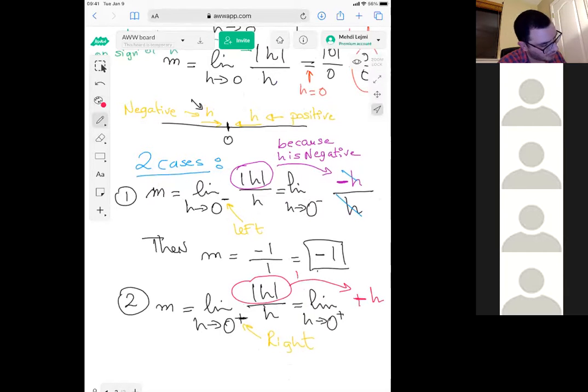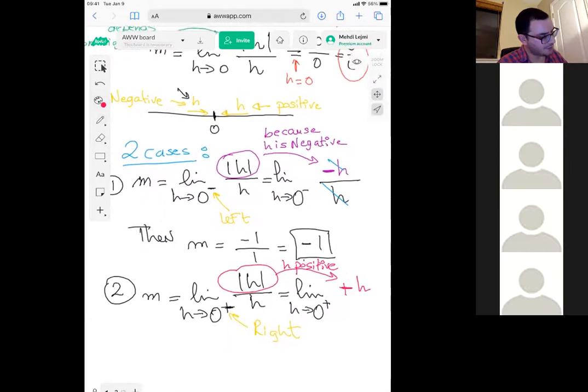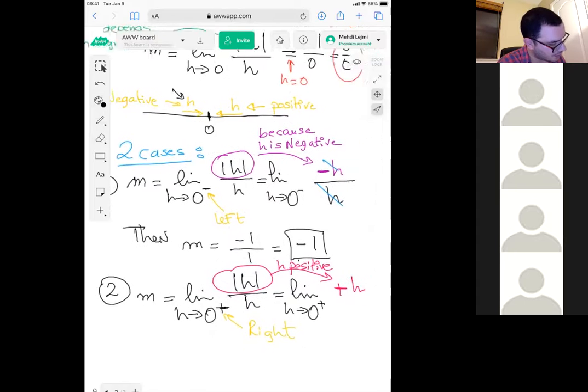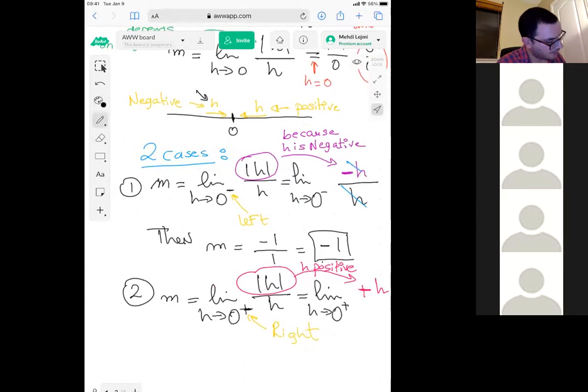It's on the right side of 0, so it's positive, so its absolute value would be the same number. So the absolute value of h is h over h, and of course then h cancels out, so m would be plus 1 over 1, which is positive 1.